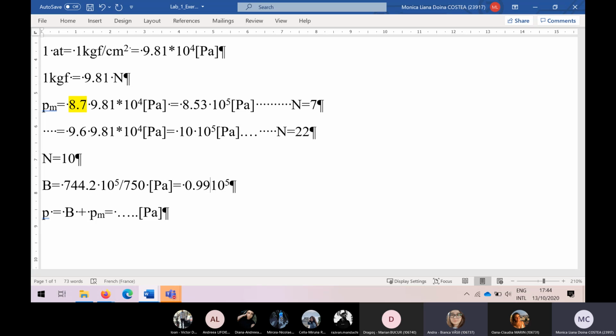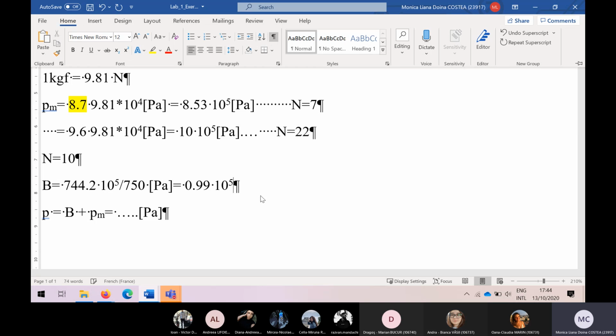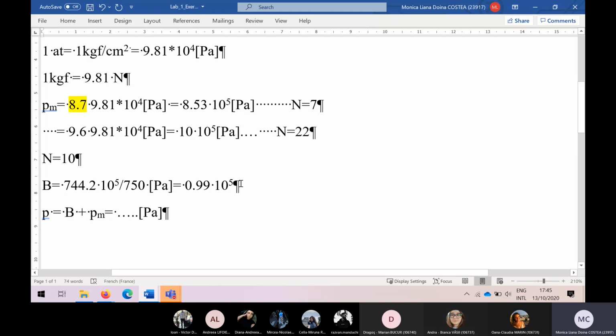The idea is that if it's 9 compared to 2, multiplied by 10 to 5, it's important. So generally at least 3 numbers after the period should be taken. All right, and now we have Pascal here. Everyone should be below this value with the atmospheric pressure.